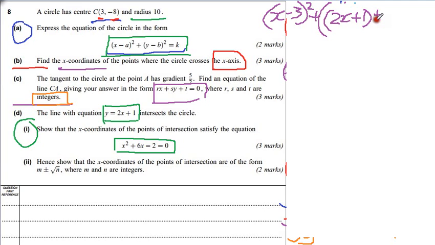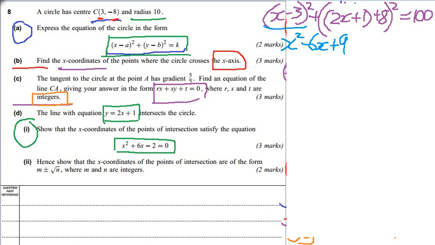Then plus 8, close that, all squared, is equal to 100. Right, let's see if we can simplify that a bit. We've times out this initial part in an earlier question, so let's get x squared minus 6x plus 9. That's what that bit is.